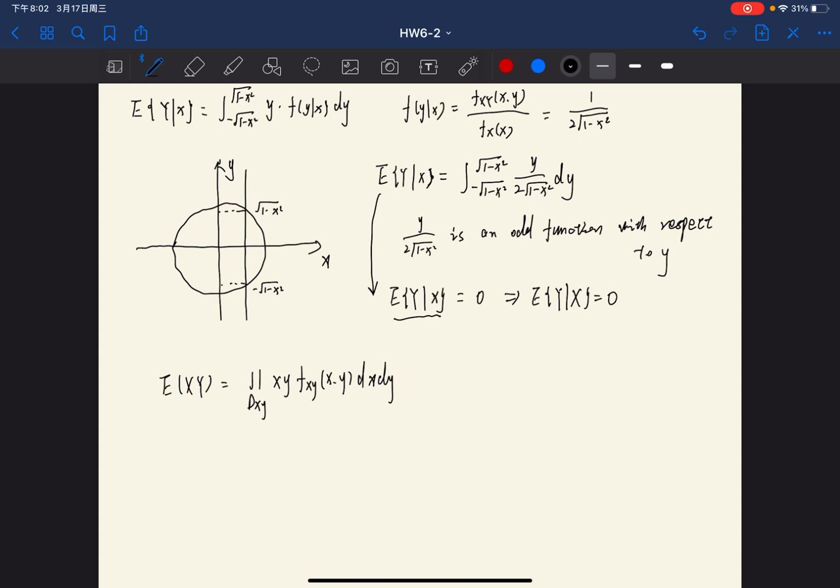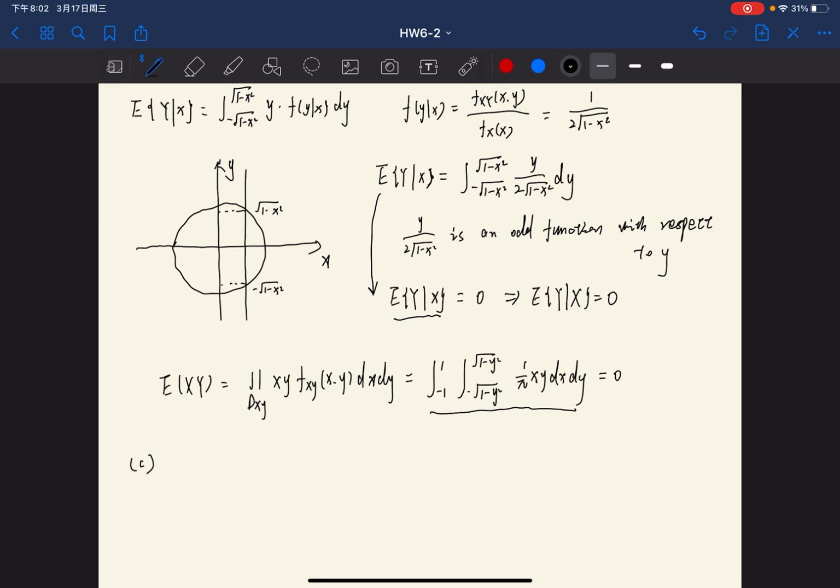And this part we can find equals the double integral from -1 to 1, and we can also find that it is obvious that this integral equals 0, and so the expectation of x multiplied by y is 0. And so this is the B question.